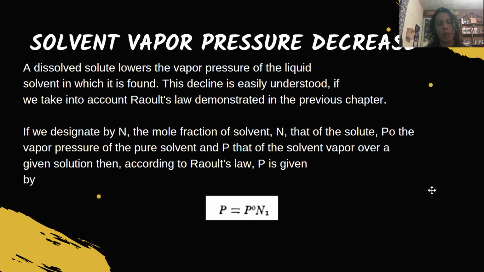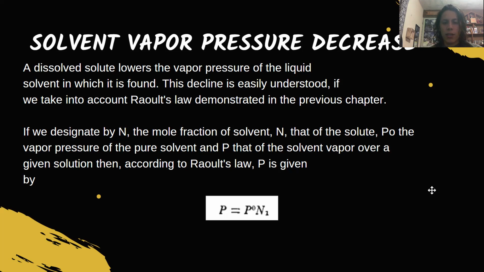First, we'll see the solvent vapor pressure decrease. A solid solute lowers the vapor pressure of a liquid solvent in which it is found. This decline is easily understood if we take into account Raoult's law, demonstrated in the previous chapter.